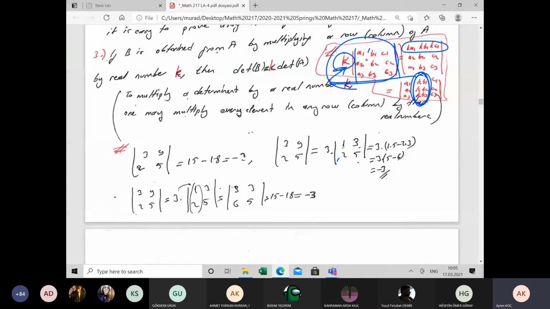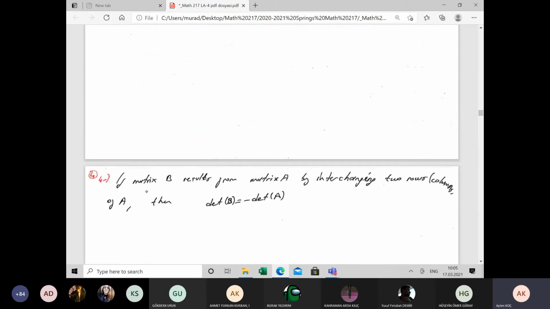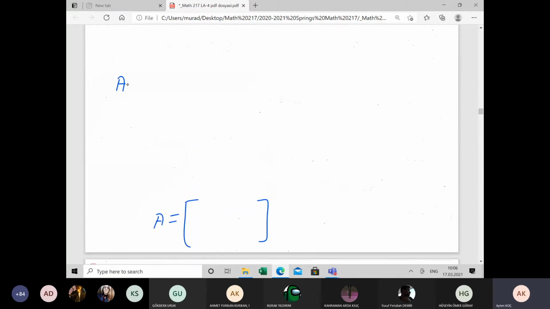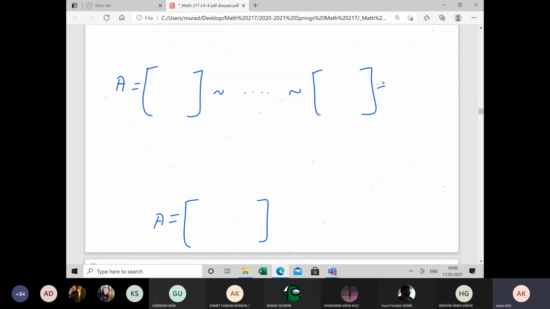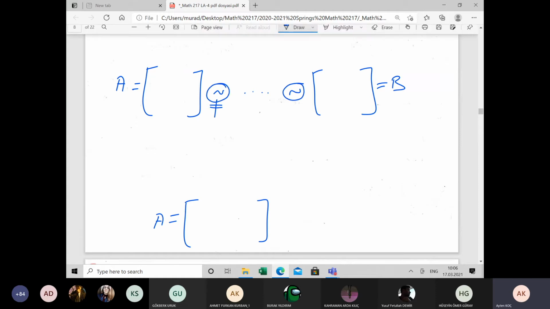So the next one: take the matrix A and apply some operation. Which operation? We have three operations on matrices. Start with A and use some elementary row operations. We obtain another matrix B, but be careful, they are not equal; they are row equivalent matrices.